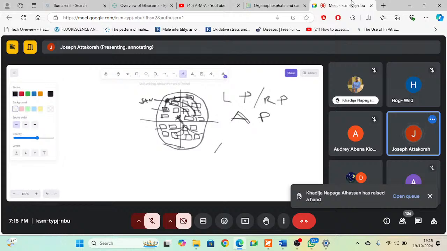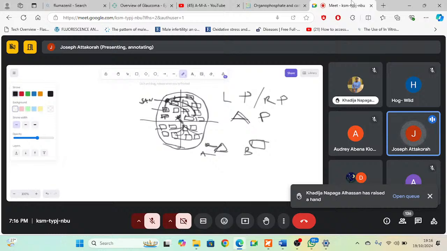This myocyte is A, and the second myocyte is B. So the sinoatrial node will release impulses to myocyte A, and it will cause this myocyte to be stimulated.